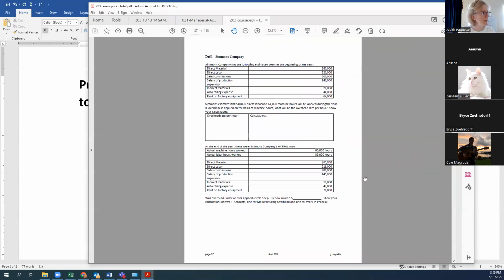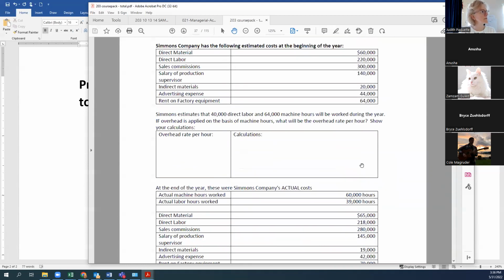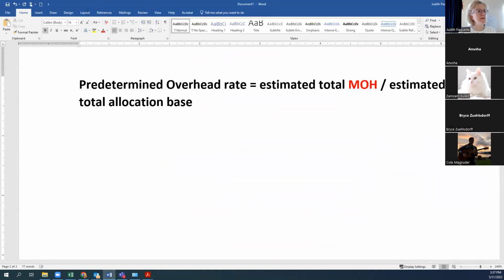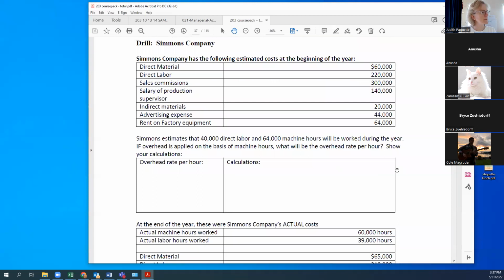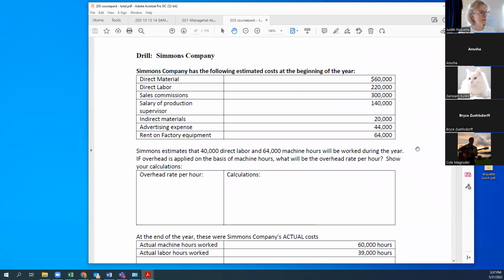The Simmons Company. I don't think we did this in class. All right, so at the top, it doesn't say calculate the predetermined overhead rate, but that's what it's asking. These are estimated costs at the beginning of the year.